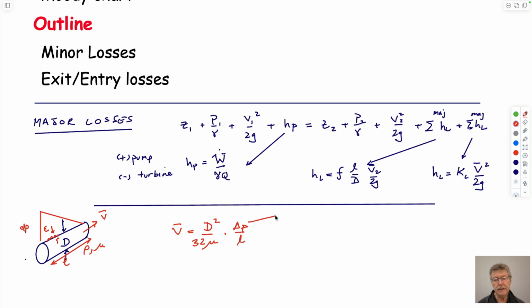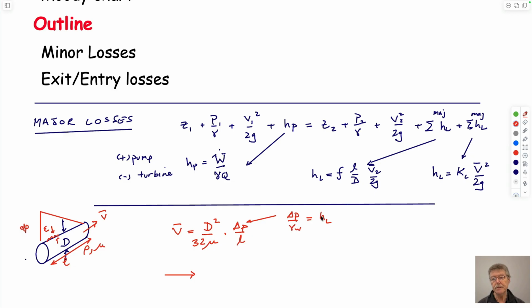And in this, delta p over gamma w would be equal to the head loss. If we wanted to, we could manipulate that. I won't do it. I'll just do the result.